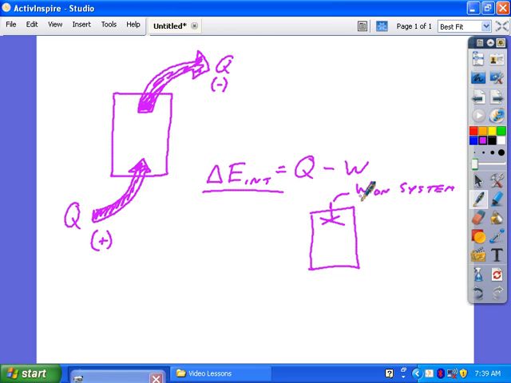So think about it as this: work is done on the system if particles are forced into abnormal motion.